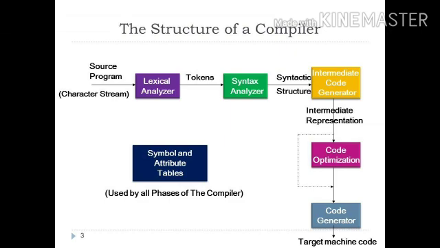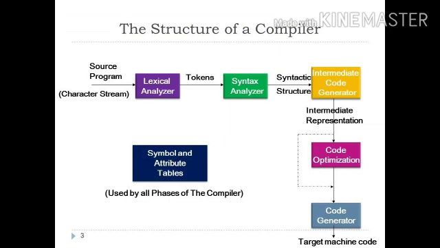Let us see the phases in detail. There are 5 phases in a compiler. The first one is the lexical analyzer. The second one is the syntax analyzer.